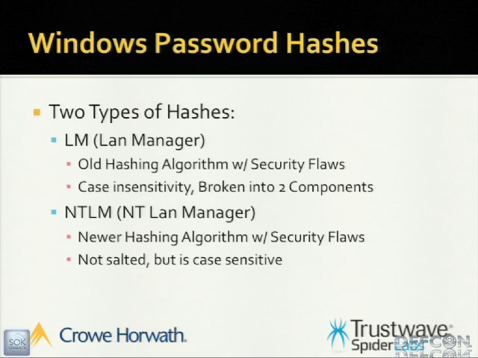So if user A has a password of test and user B has a password of test, that hash will be the same on that system. That leads to rainbow table attacks or pre-computed dictionary attacks. Now we can create all the possible combinations, and since they're never salted, we can do a time-memory trade-off and crack those passwords really fast.